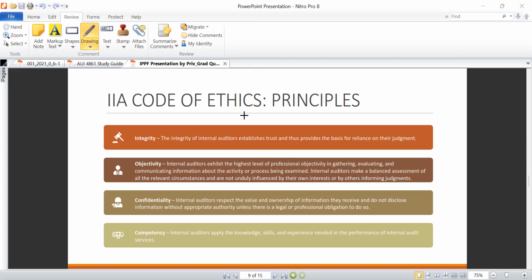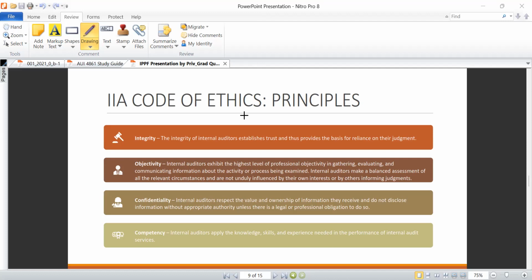The internal auditor has to establish a certain degree of trust with the engagement client or their employer, because internal auditors can be employed as employees of an organization, with a department specifically for that. So we need to maintain integrity. We should be people that can be trusted, and if somebody is to use our information, they can rely on our professional judgment. That is integrity by definition.